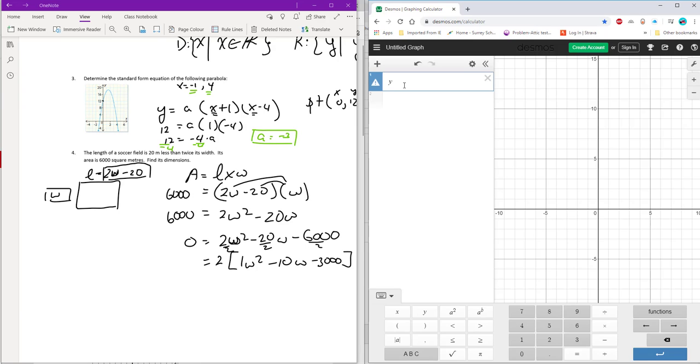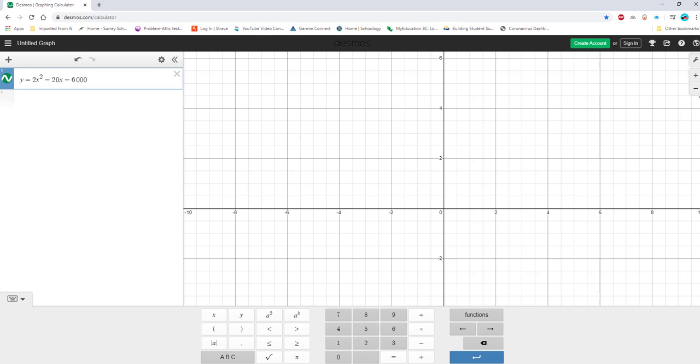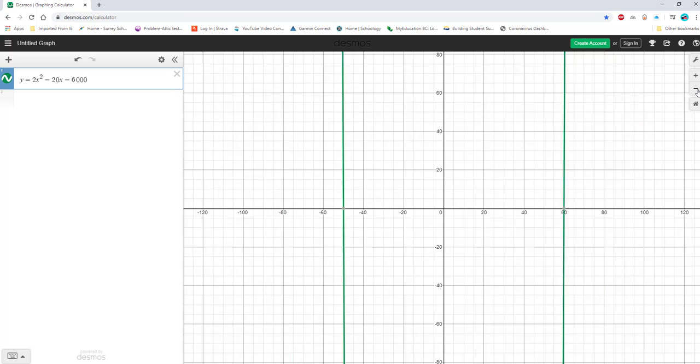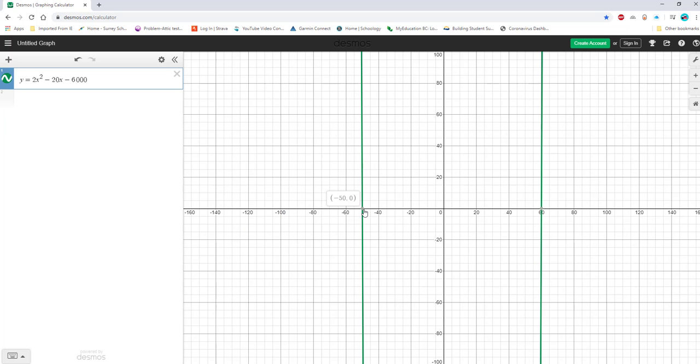So it's y equals 2x squared minus 20x minus 6,000. Now I can't see the graph, but I can zoom out. There you go: negative 50 and 60. Those are my x values.